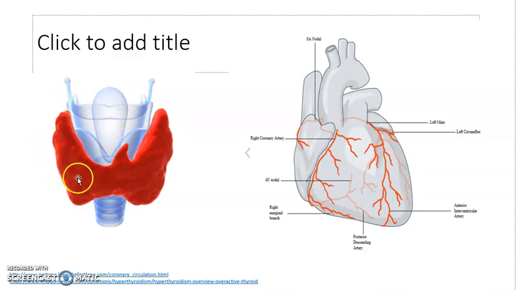So there are problems in patients with hyperthyroidism, and it also causes a reduction in coronary blood flow, which is not good.